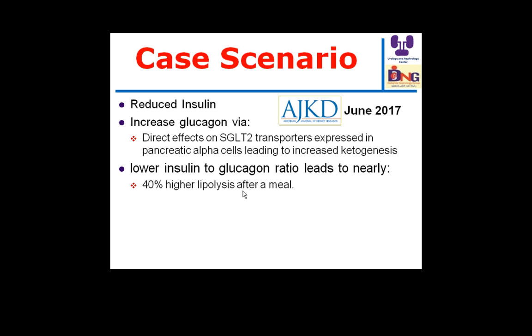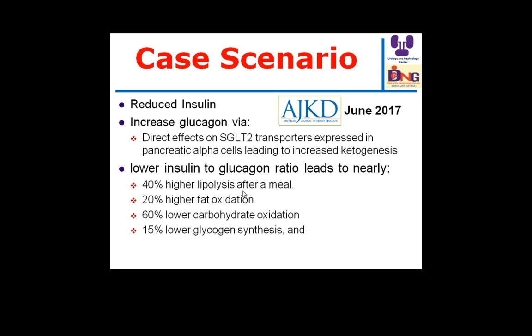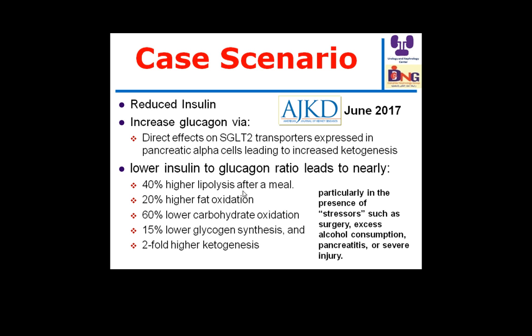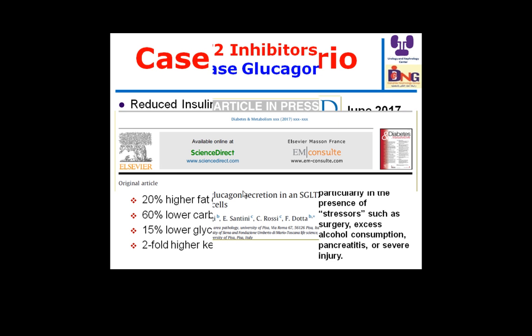A lower insulin to glucagon ratio leads to nearly 40% higher lipolysis, 20% higher fat oxidation, 60% lower carbohydrate oxidation, 15% lower glycogen synthesis, and 2-fold higher ketogenesis. This is especially so with stressors like surgery in this case, or alcohol consumption, pancreatitis, or severe injury.